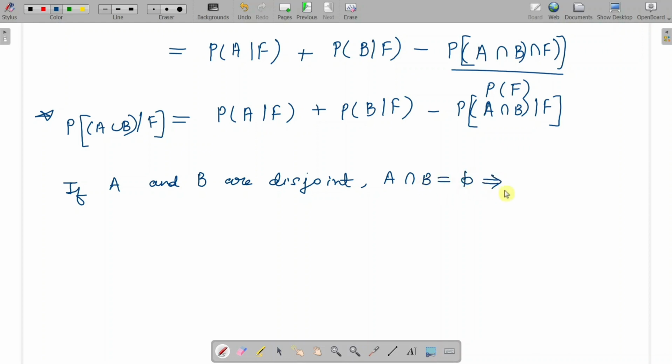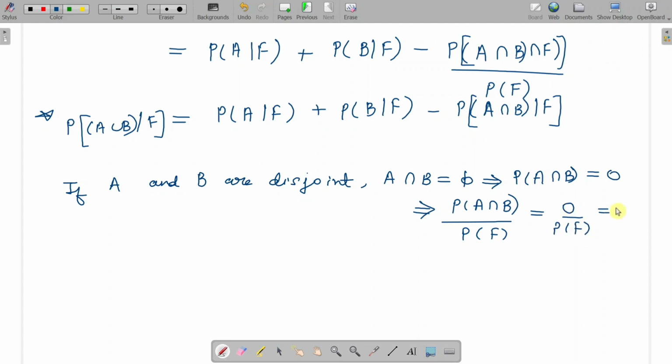So this implies probability of A intersection B is 0. Okay, and if we divide by P of F on both sides, P of A intersection B divided by P of F equals 0 divided by P of F, which is 0 actually.